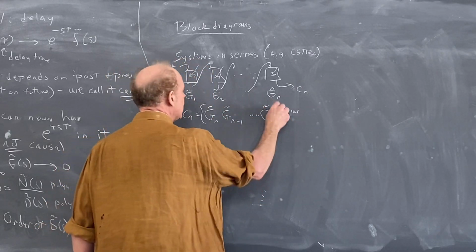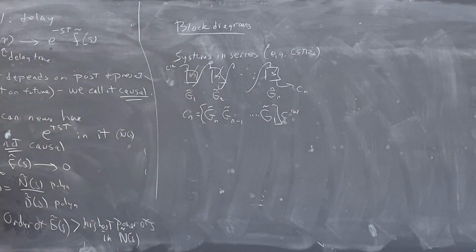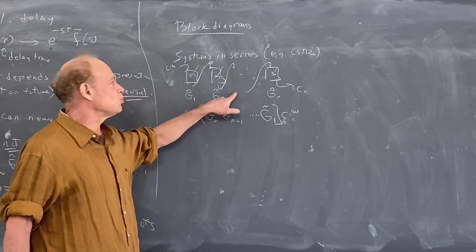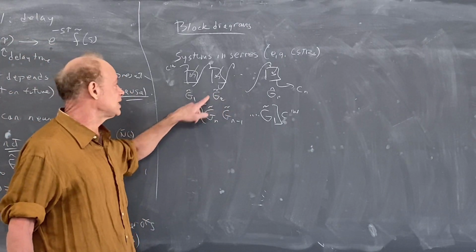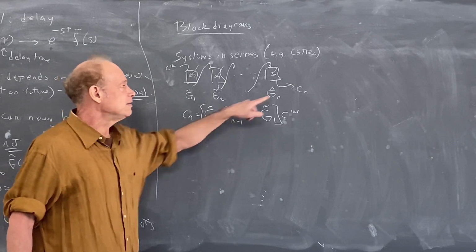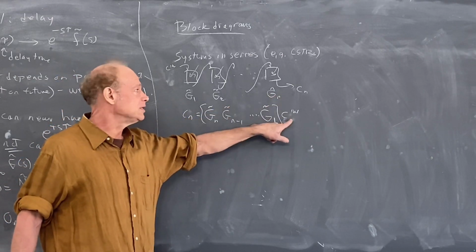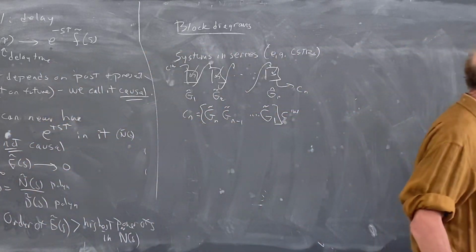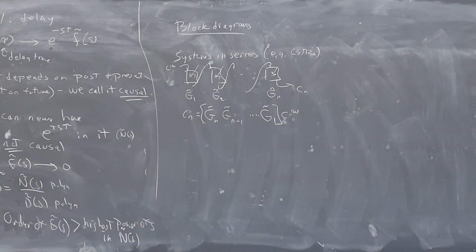So immediately, I can get the overall G of the whole system in series as just the product of all the intermediate G's. And notice, I never have to write out Cn minus 1, Cn minus 2, Cn minus 3, etc. I can write Cn, the output of the whole series, just in terms of what comes in through the beginning. And if you remember, I had it over here, when I have two CSTRs in series, well, lo and behold, I wrote CA2 prime in terms of CAin.